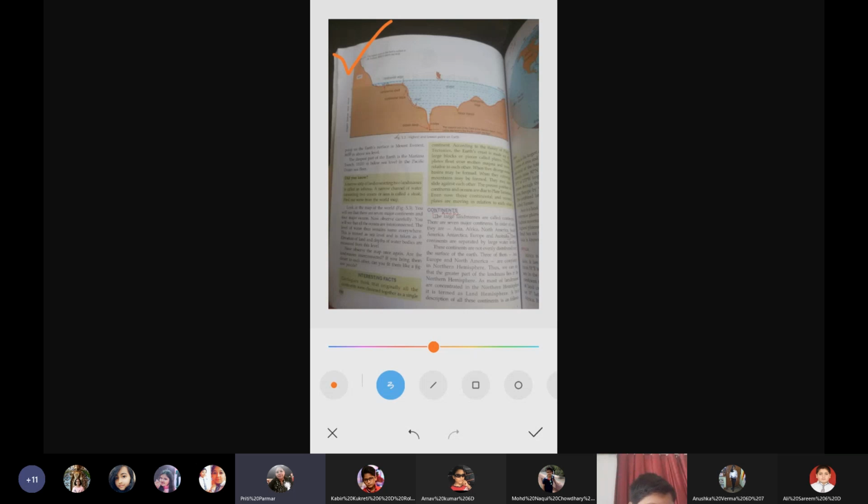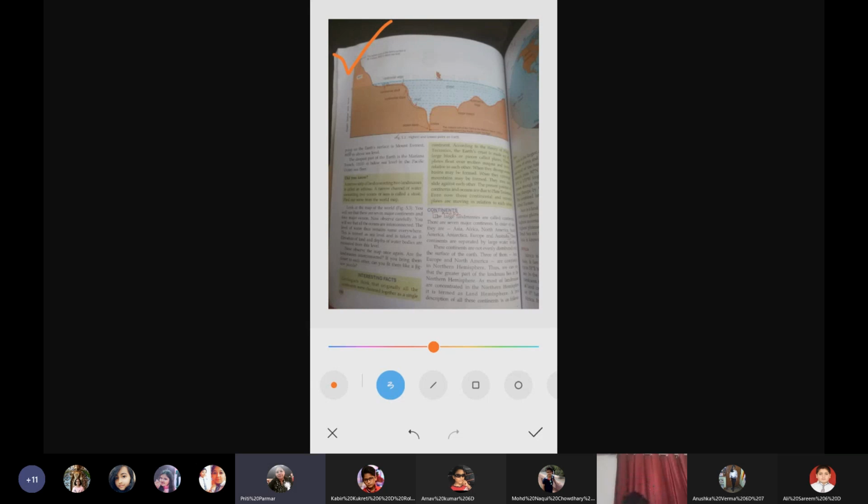Now coming on to Did You Know? A narrow strip of land connecting two land masses is called an isthmus. Underline isthmus. That means that particular land strip which is connecting two land masses is called an isthmus.